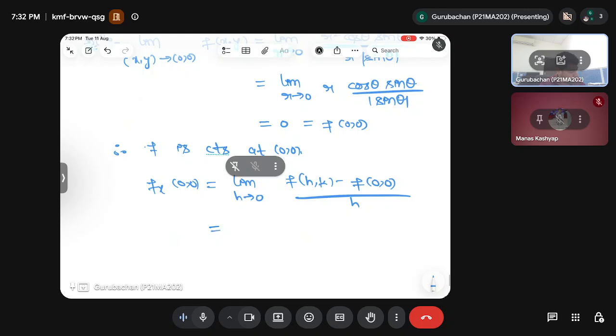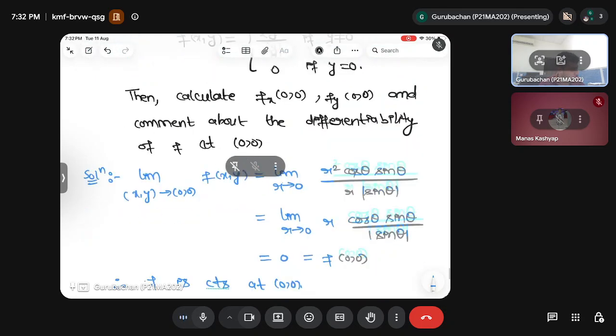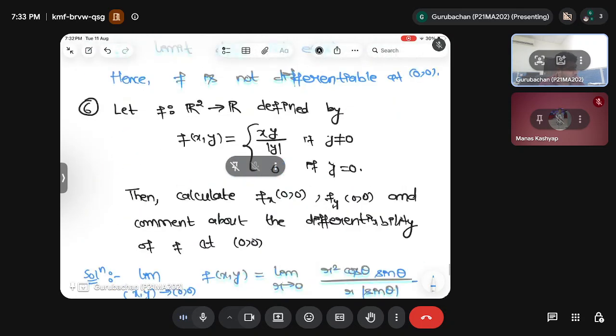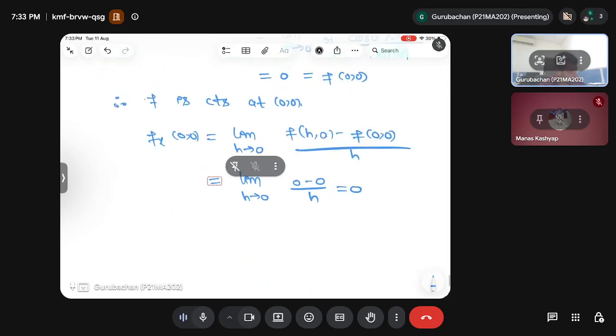So this will give us the limit as h tends to 0. For the first term, y not equal to 0, only then we consider this one. So here I made a mistake, this should be 0. So this will be 0 minus 0 divided by h, this is 0. What about fy at (0, 0)?